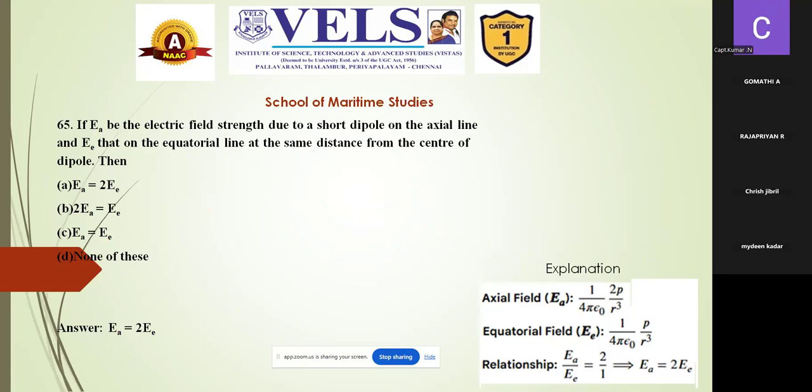Then the equatorial field EE is equal to 1 by 4 pi epsilon naught p by r cube. So the relationship between the axial field and the equatorial field is EA to EE is 2 to 1. The answer is EA is equal to 2 into EE.